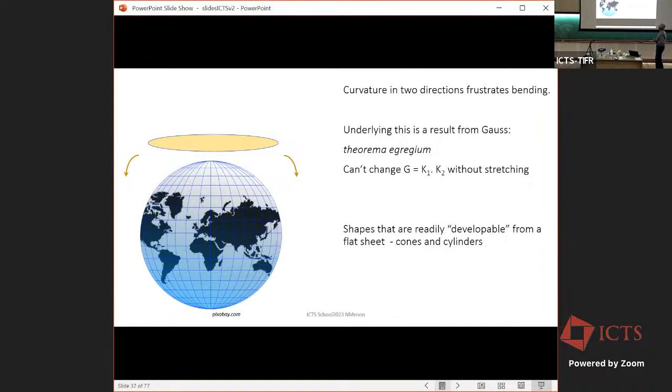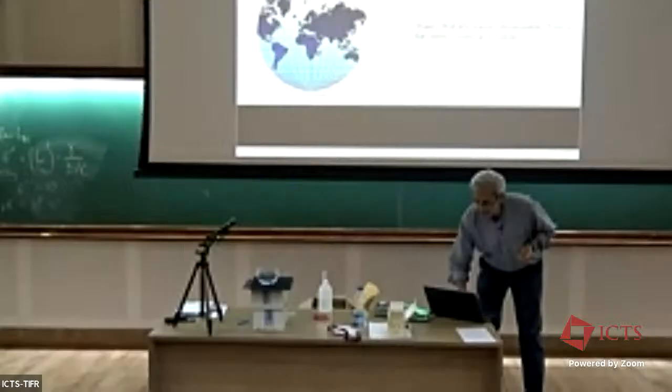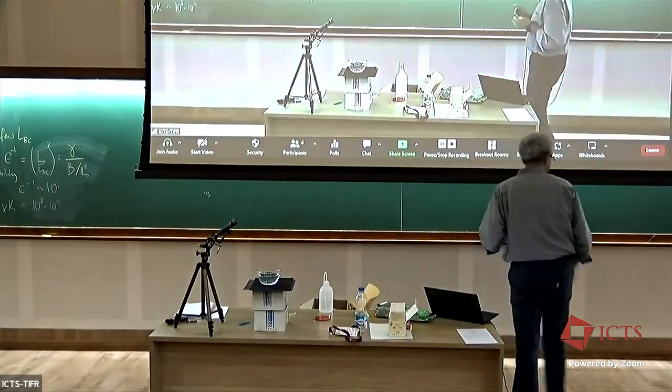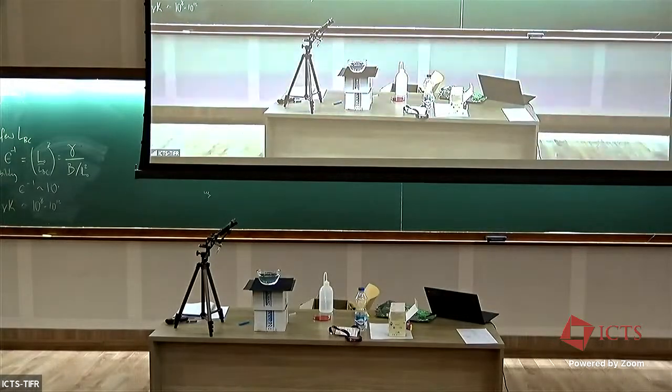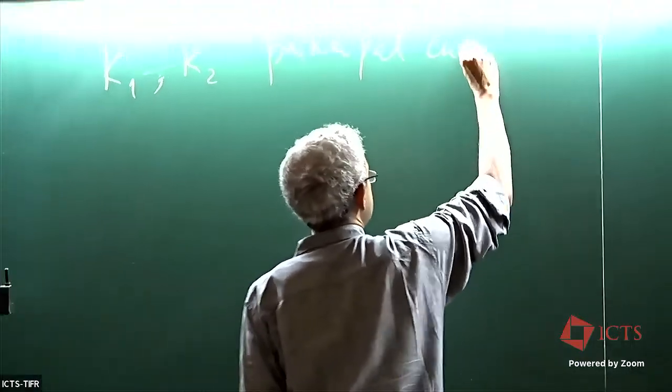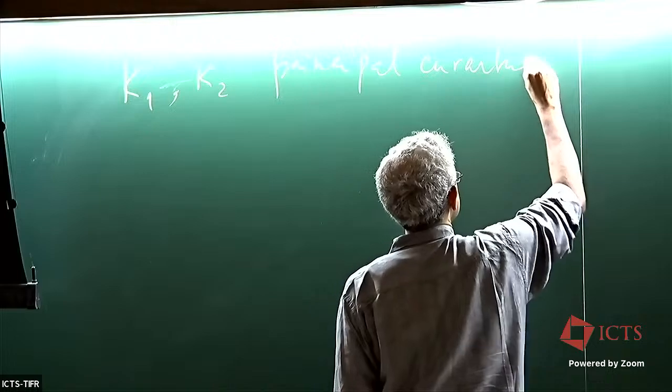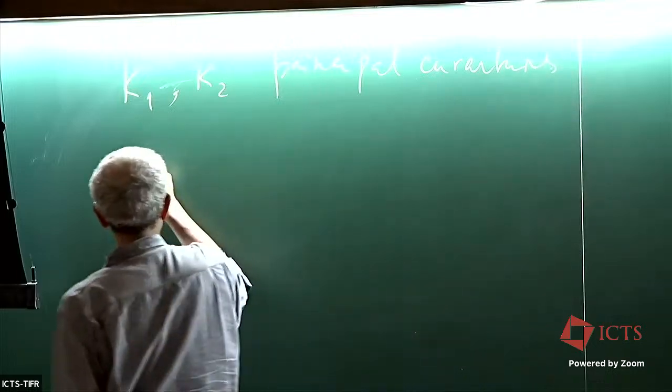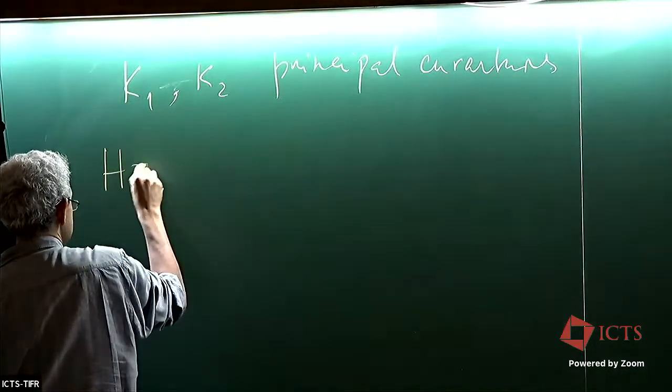So remember we talked about these curvatures. We talked about one of the curvatures a lot, right? We said that with a material, you can find at any point two principal curvatures. And from them, you can make two invariants.